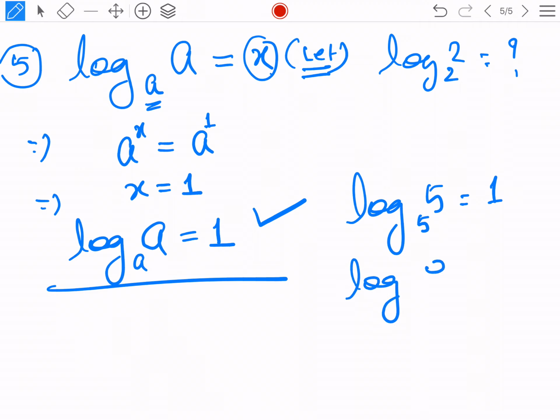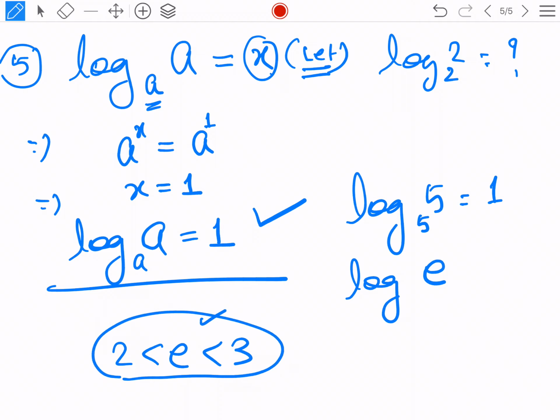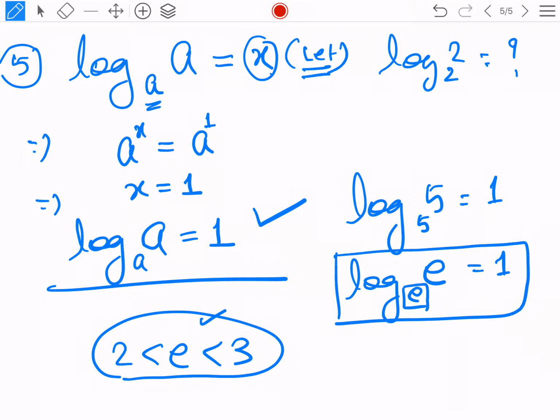We will use e. e is the exponent. Generally in maths we use e, whose value is less than 3 and greater than 2, and we calculated it in 11th class. So log of e is equal to 1, because the base e is understood. Students, it is also important in 12th class: log of function x only is written and the base e is understood.